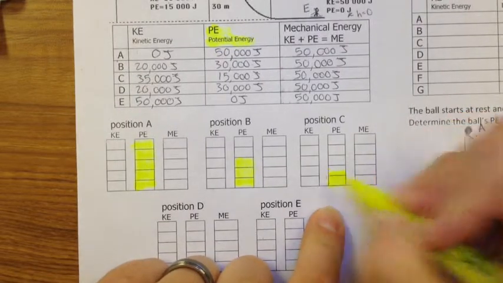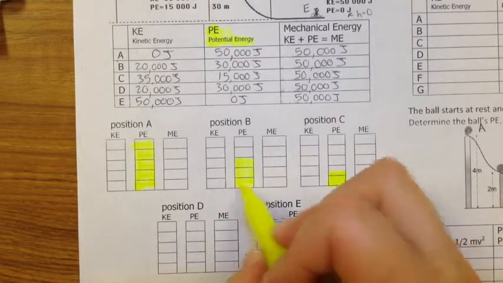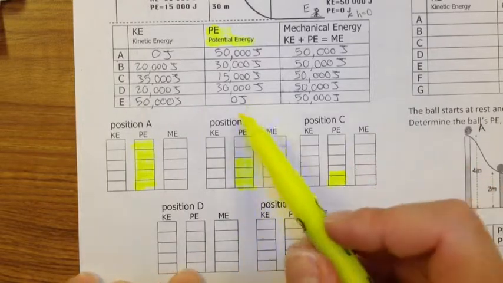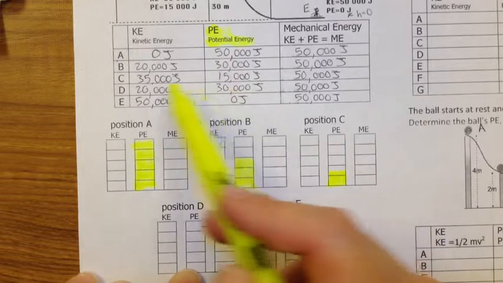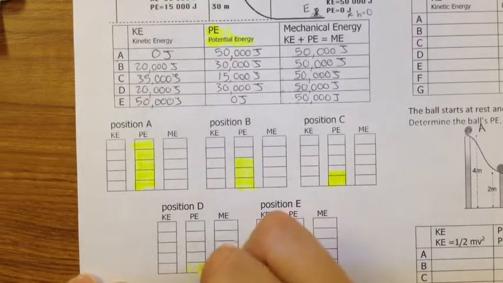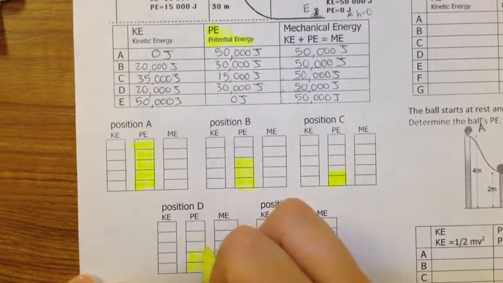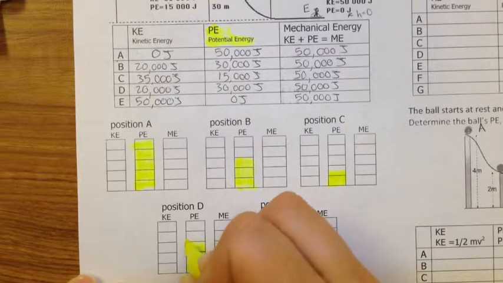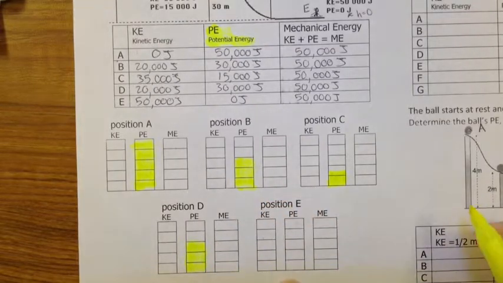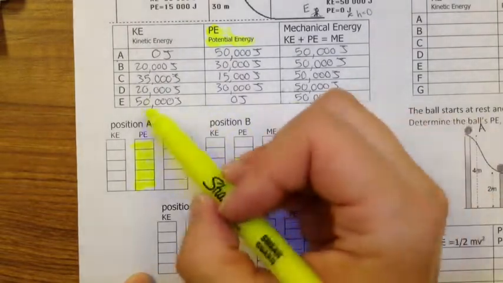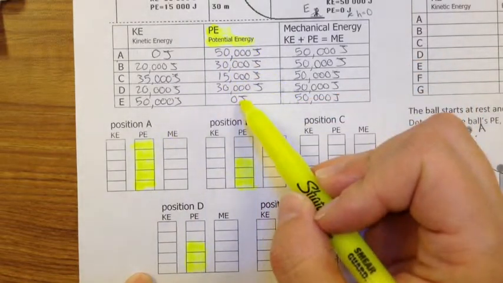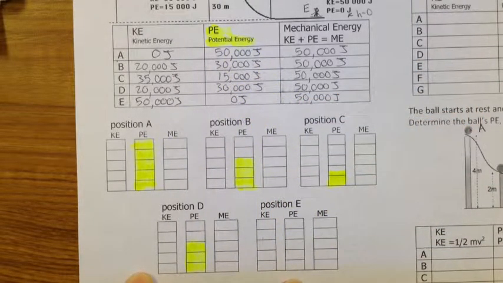At position D, potential energy is 30,000. So 10, 20, 30. And at position E, our potential energy is 0, so I'm going to leave it blank.